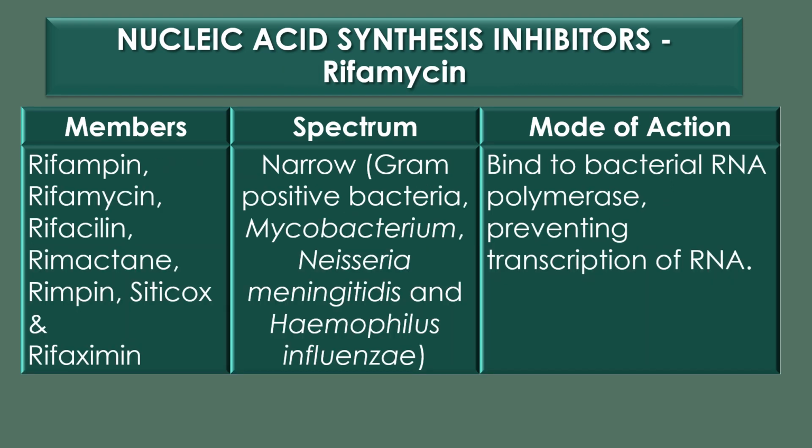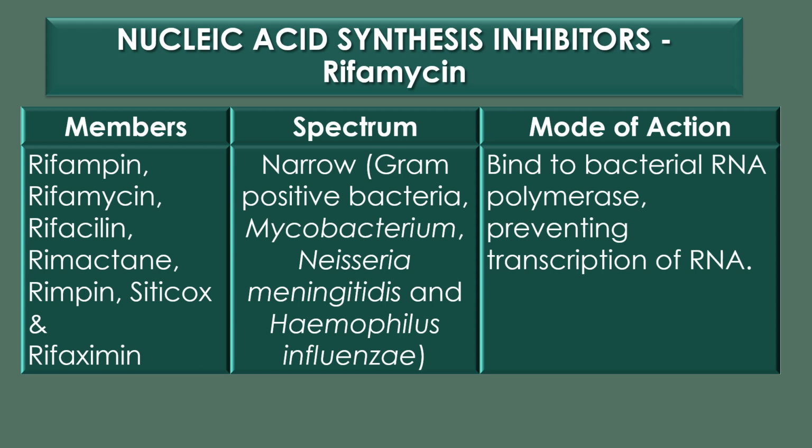The third antibiotic group of the nucleic acid synthesis inhibitor is rifamycin. Under the rifamycin group, 7 members of antibiotic are present. They are rifampin, rifamycin, rifaximin, rifapentine, rifabutin, rifamycin SV, and rifaximin.